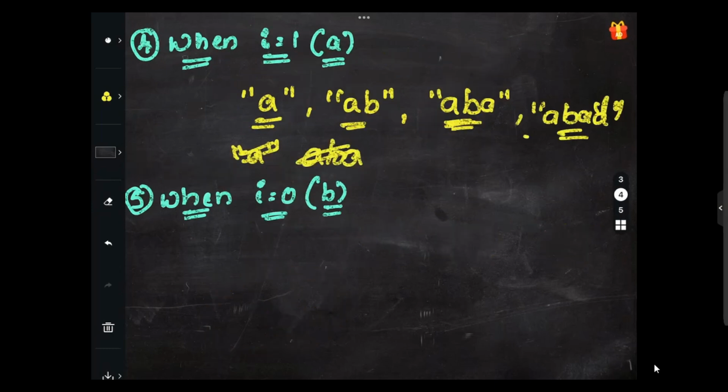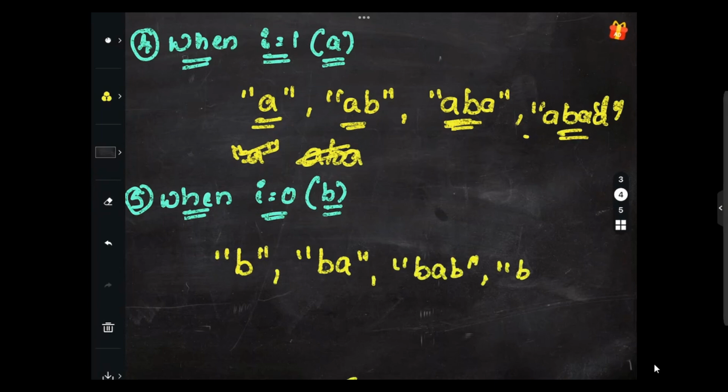Let's move to this one. When I equals 0, we can check for B. We have to check for B, BA. We will check for BAB. We will check for BABA, and also we will check for BABAB, right here.